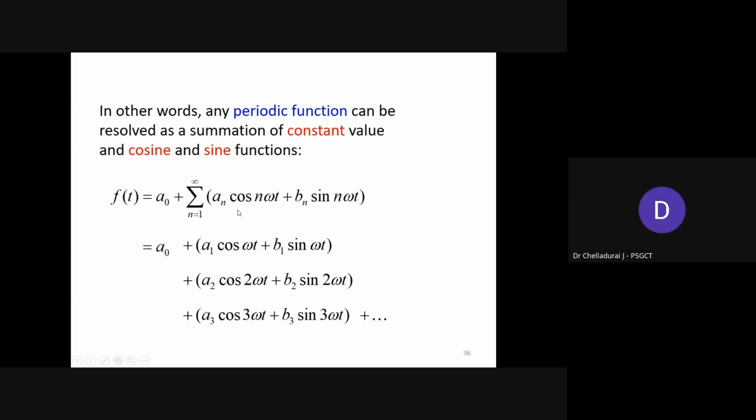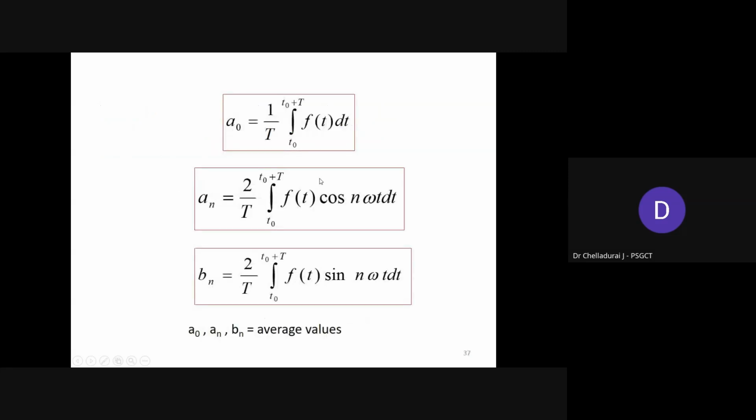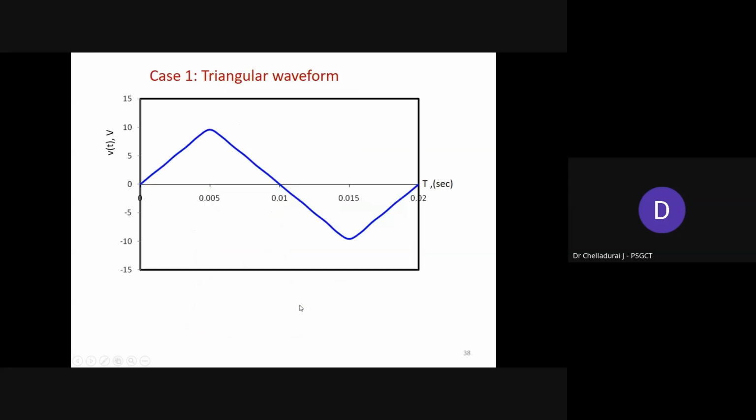The remaining n frequency components present in this nonlinear wave shape are all pure sine and cosine waveforms. Then there are the actual mathematical expressions for A naught, A n, B n, and you apply this formula to extract the harmonic content present in any waveform.